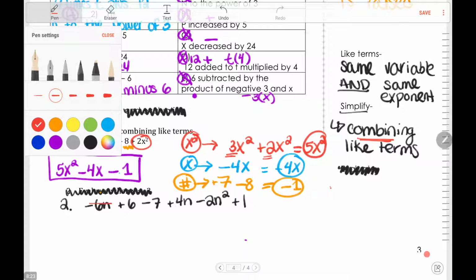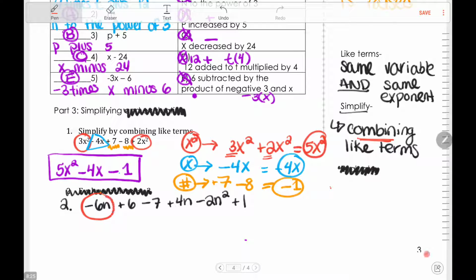Great, so if you did that, let's go over it. I have my n group, and so far I see a negative 6n and a 4n, and that's it. Negative 6n plus 4n is negative 2n. That's my total for n's.